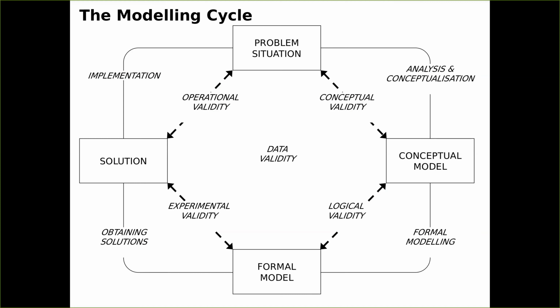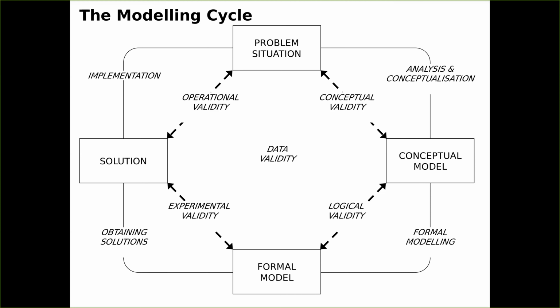When you come to build a model and undertake a modeling project, it's very important that you're moving around something called the modeling cycle. This is a very common thing in operational research. And this isn't a linear cycle either. It's a very iterative process. Basically it says that you start with a problem situation, and then through analysis of that problem, conceptualizing and structuring that problem, you move to a conceptual model, which is kind of like a design for your model.